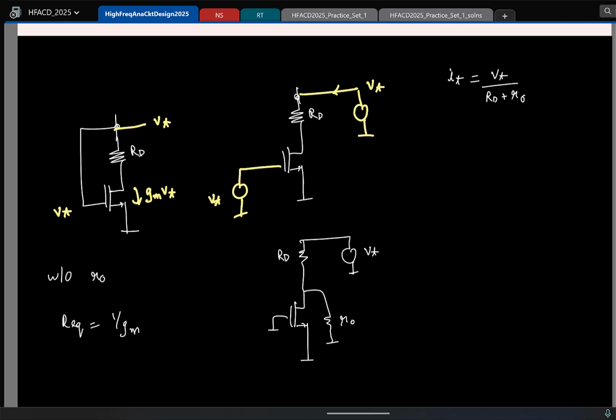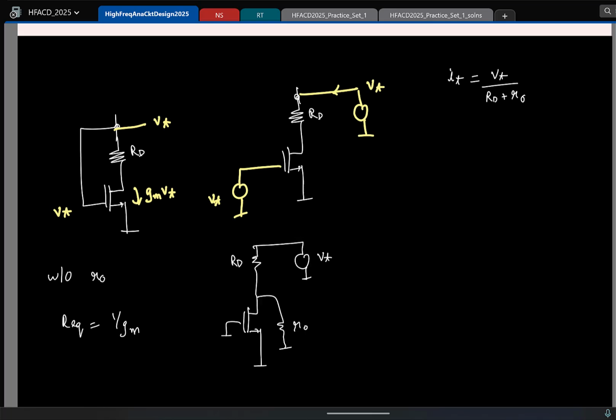Now I will take the other case where the test voltage is applied at the gate alone. Test voltage is applied here. This is RD. If I apply a test voltage V test, the source is incrementally ground. What is the incremental current? Gm V test. Now remember, this Gm V test also has two parts to flow.